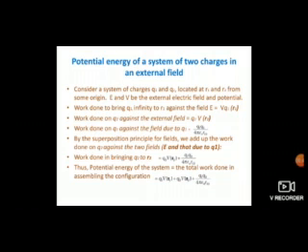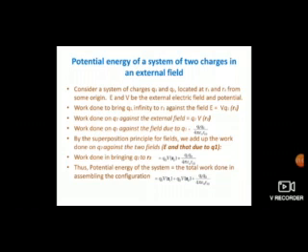Now let us go for the first expression. Work done to bring Q1 from infinity to R1 against the field is V into Q1, and work done on Q2 against the external electric field is Q2 into V. Now work done on Q2 against the field due to Q1 will be Q1 Q2 by 4 pi epsilon naught R12.